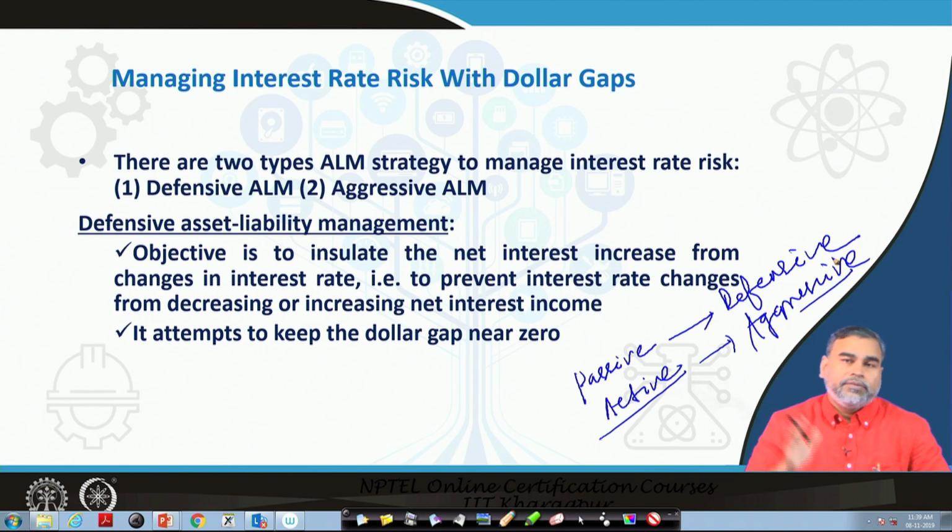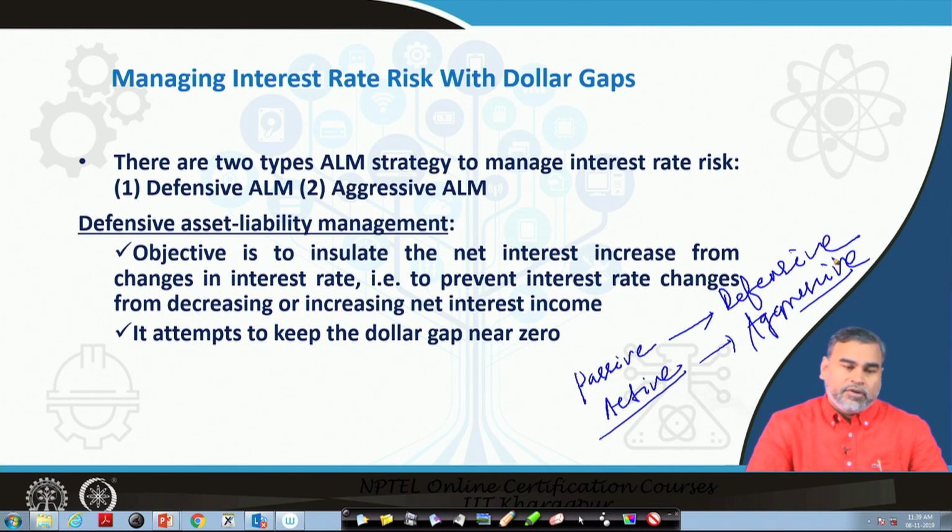To get rid of any kind of interest rate changes in the market, the restructuring of assets and liabilities has to be made, and depending upon the interest rate movements, the commercial banks can maximize their net interest income, or the net interest income changes can be positive. That is the basic objective of asset liability management in interest rate risk management for a particular bank.